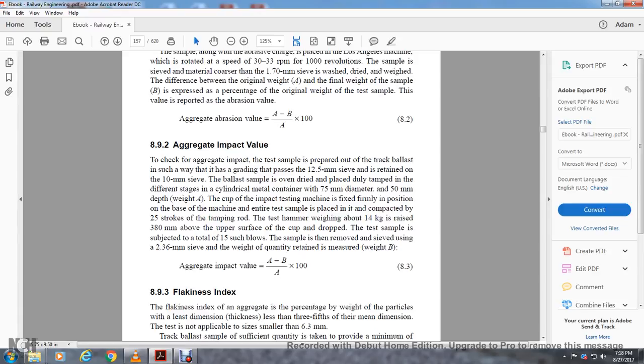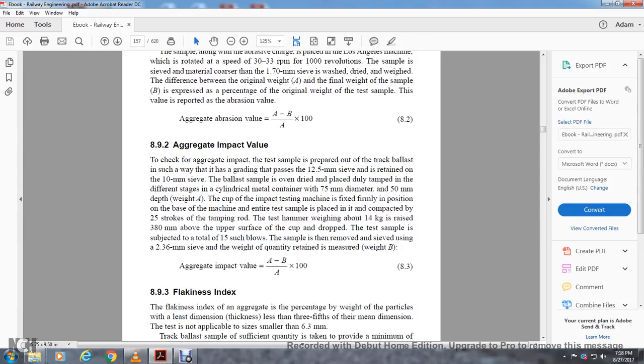The cup of the impact testing machine is fixed firmly in position on the base of the machine. The entire standard test sample is compacted with 25 strokes of the tamping rod. The hammer of about 14 kilograms is raised 380 millimeters above the upper surface of the sample in the cup and dropped. The test sample is subjected to a total of 15 such blows. The sample is removed and sieved using the 2.36 millimeter sieve.